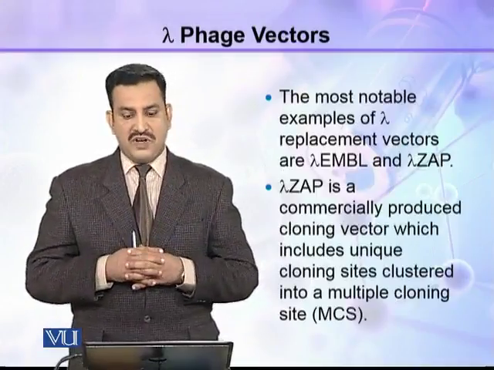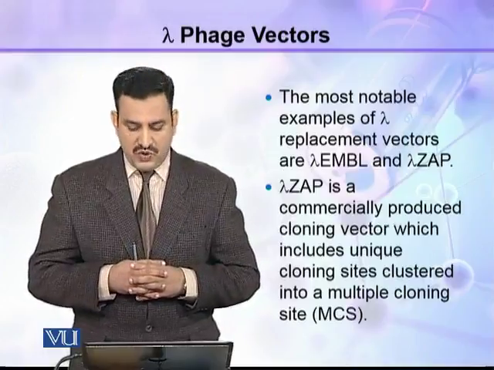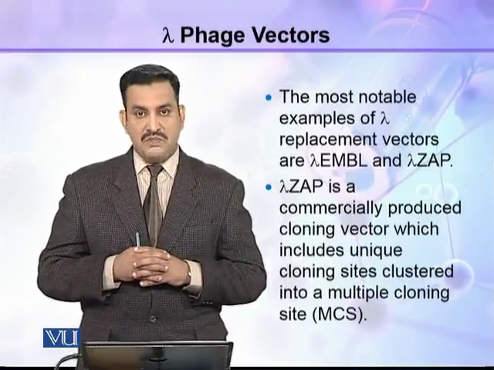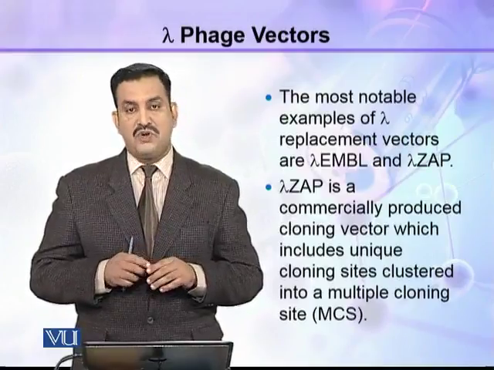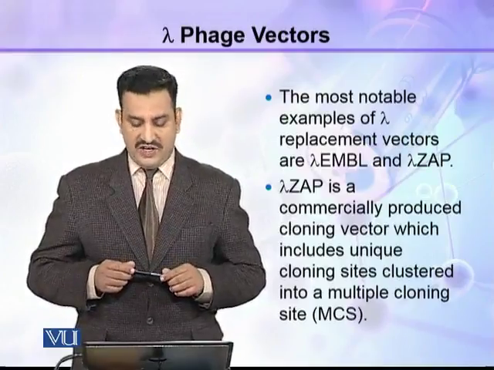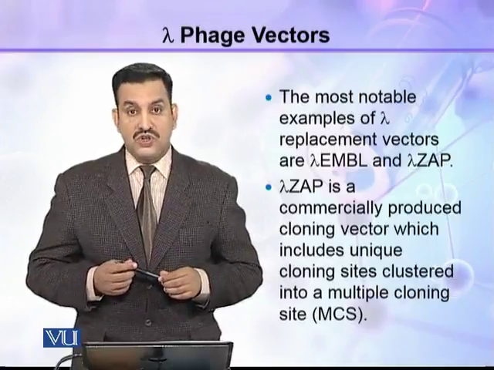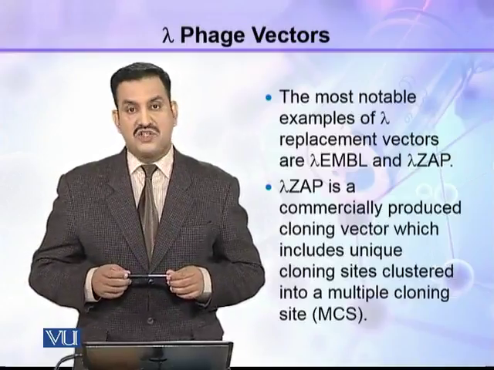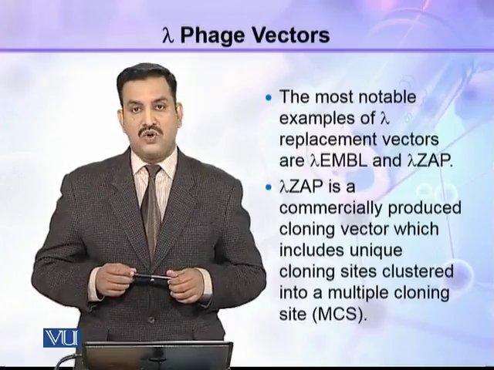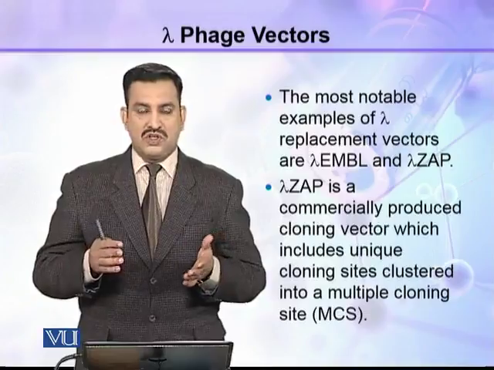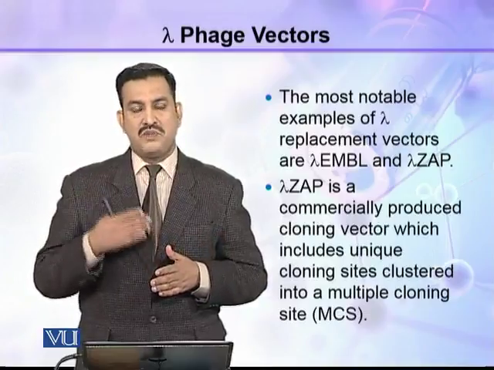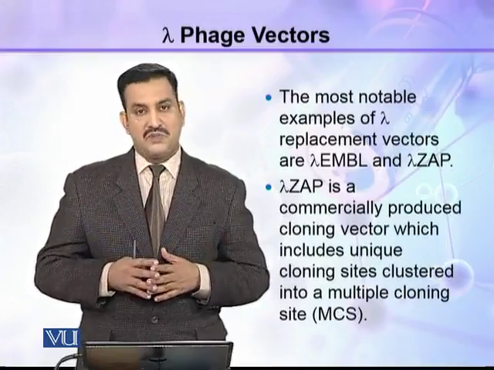The most notable examples of lambda replacement vectors are lambda EMBL and lambda ZAP. Lambda ZAP is a commercially produced cloning vector which includes unique cloning sites clustered into a multiple cloning site, which is MCS, as you saw in the case of pBR and pUC, there are multiple cloning sites.